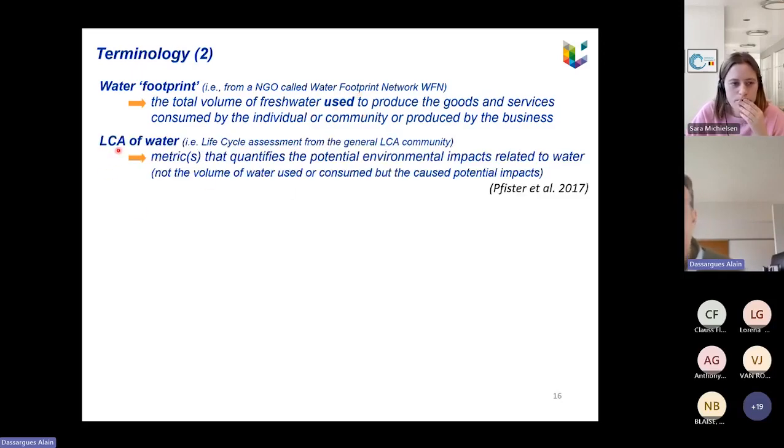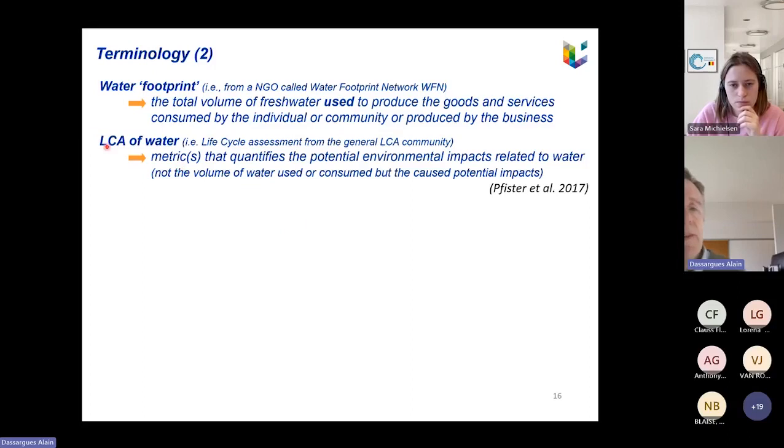In life cycle assessment of water, here it's another approach. It is an assessment from the life cycle assessment community that is also applied to different kinds of products, different kinds of goods. It is a metric that quantifies the potential environmental impact related to water.